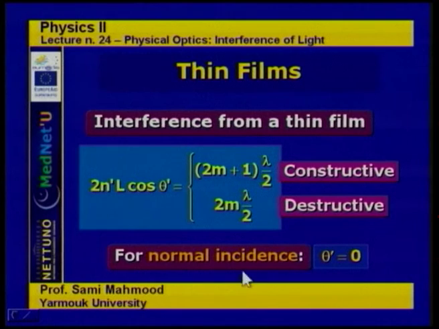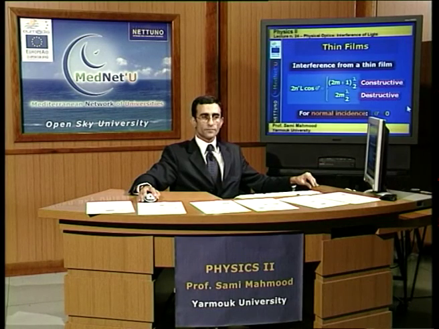And in the normal incidence case, θ' is equal to 0, in which case 2n'L is equal to these values for constructive and destructive interference.